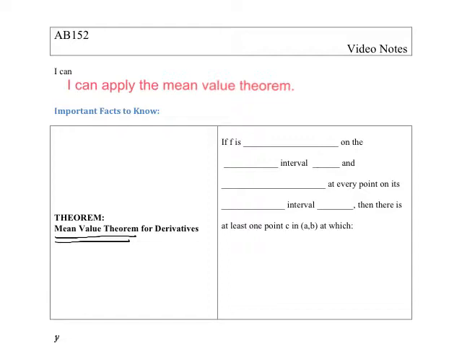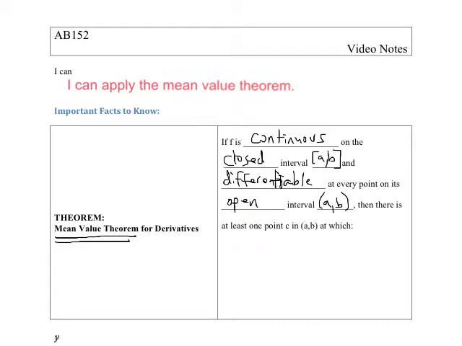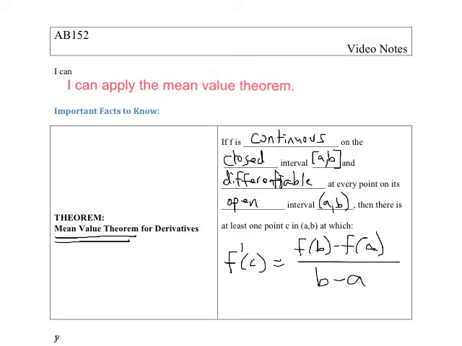It says if we have a function that is continuous on the closed interval [a, b] and differentiable at every point on its open interval (a, b), then there is at least one point c in the open interval (a, b) such that f prime of c equals f of b minus f of a over b minus a. So what exactly does all that mean?